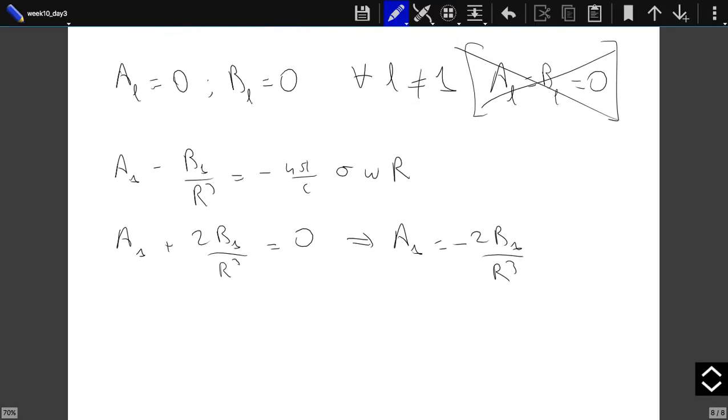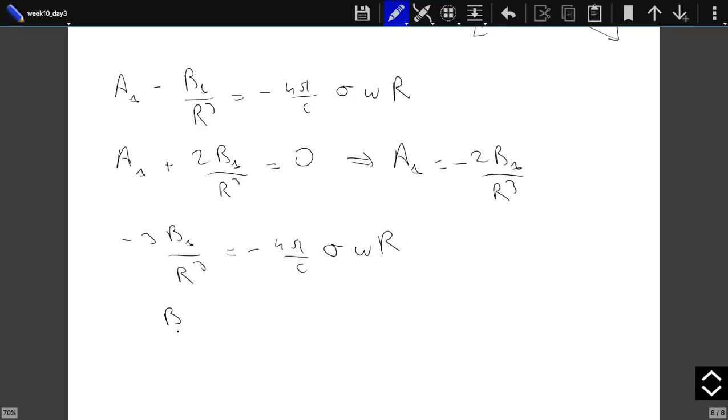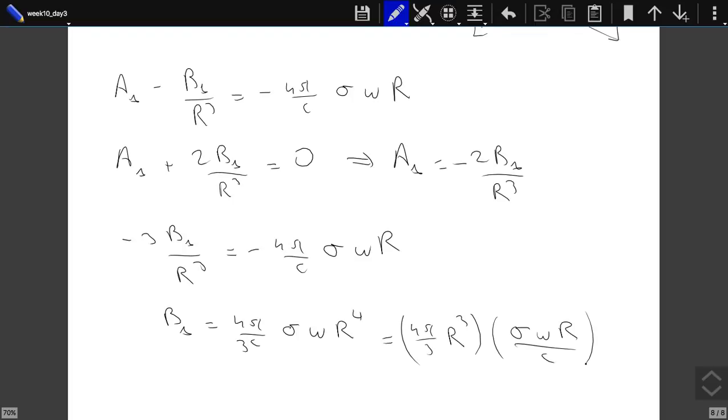If we substitute it in the first line, we get minus 3B1 over R cubed is equal to minus 4 pi over C sigma omega R, or B1 is equal to 4 pi over 3 R cubed times sigma omega R over C. This is our B1.